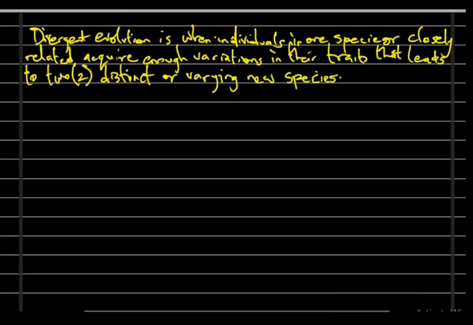So this is basically what divergent evolution is talking about, or like we have in our question, the adaptive radiation. That is what we are actually having here.